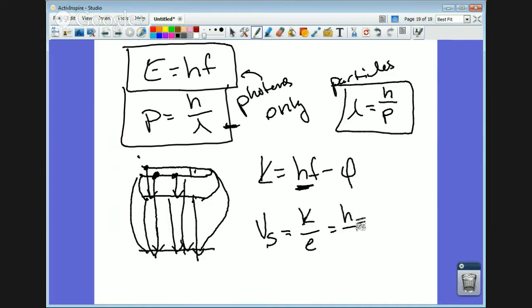So that is h over e times f minus phi over e. And remember the y-intercept, right? The stopping voltage is 0 for anything less than the cutoff frequency, since K max is the maximum kinetic energy. But if you trace this down here, you find phi, or you find phi over e, either way. So it's easy to find the work function from the graph.